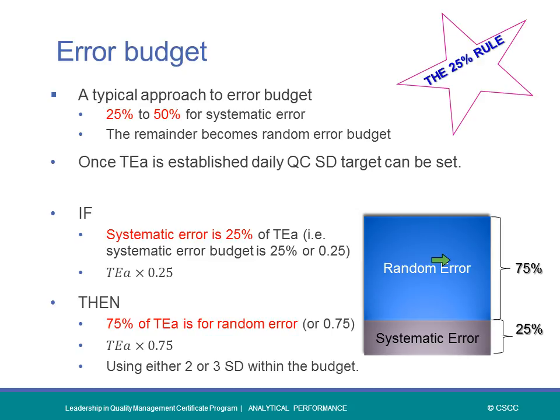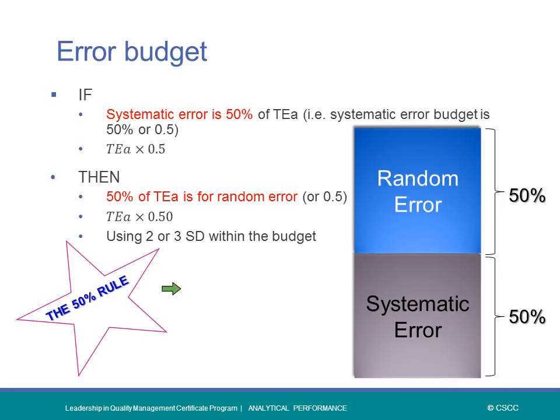And you'll find various sources indicating either 2 or 3 standard deviations making up the remainder of this total random error budget. For some assays, however, where systematic error tends to be a real problem, there's a practice of increasing that error budget, but it comes at the cost of decreasing the random error budget. So those 2 or 3 standard deviations now must fit within a smaller total error budget, if you will.